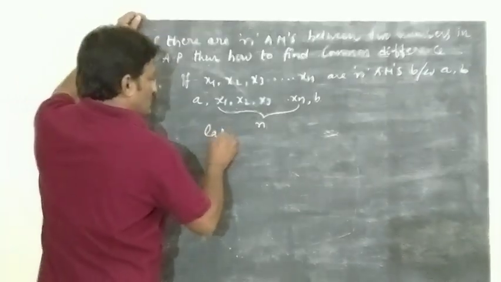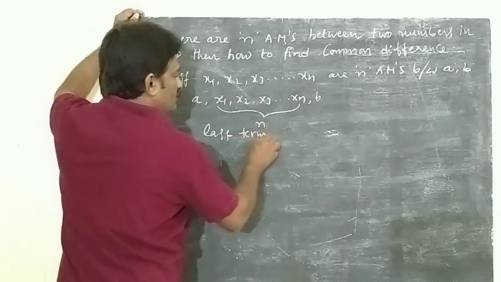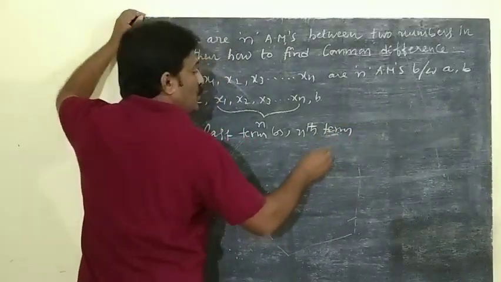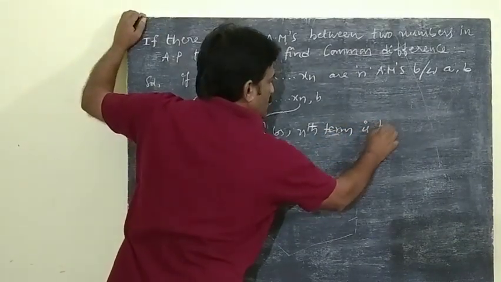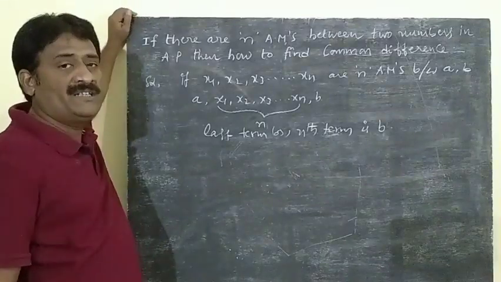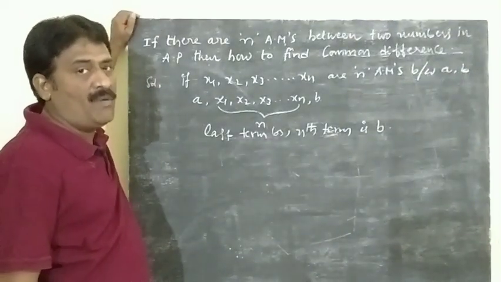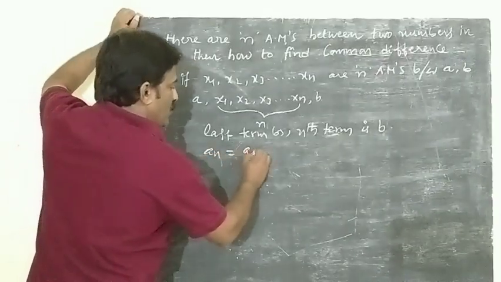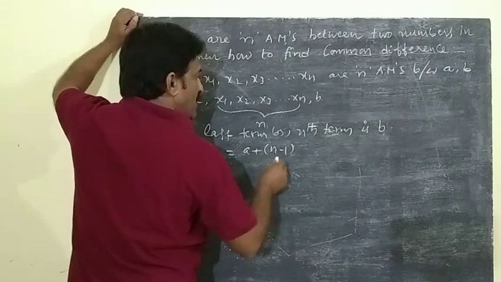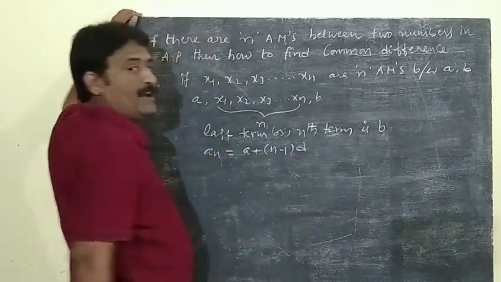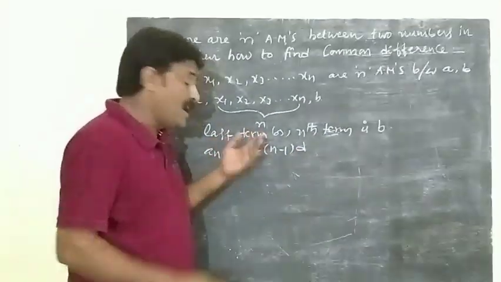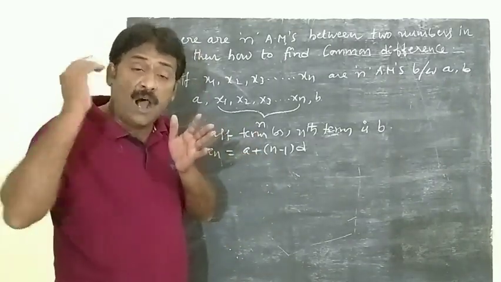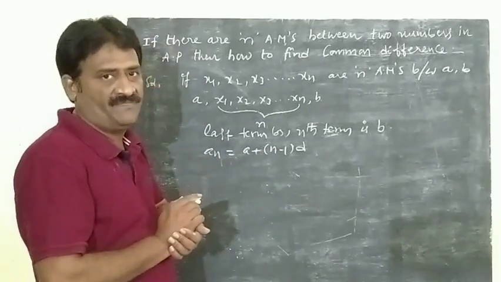The last term or nth term, both are the same, is B. But we know that the last term or nth term of the AP is denoted by an. Then an is equal to a plus n minus 1 into d, where d is the common difference, a is the first term and n represents the number of terms in the given arithmetic progression.